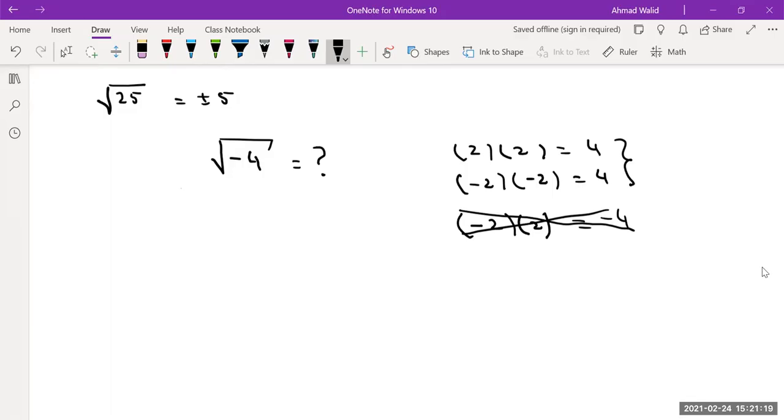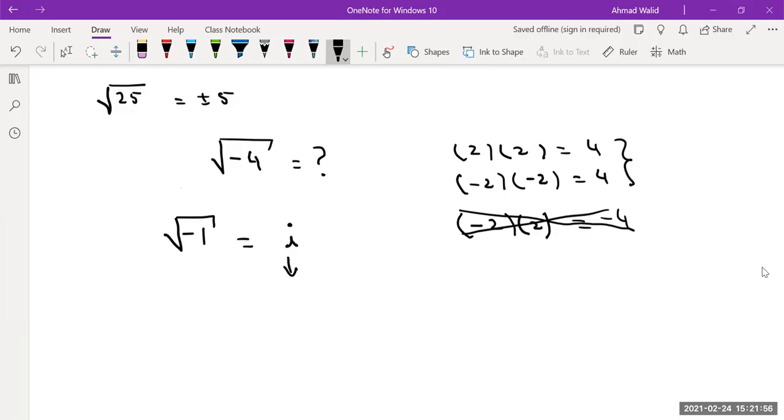What we do here, instead of writing the square root of negative 4, or if I ask you, what is the square root of negative 1? Let's first answer this one. What is the square root of negative 1? They named the square root of negative 1 i. i represents the square root of a negative number. Now, what is i?